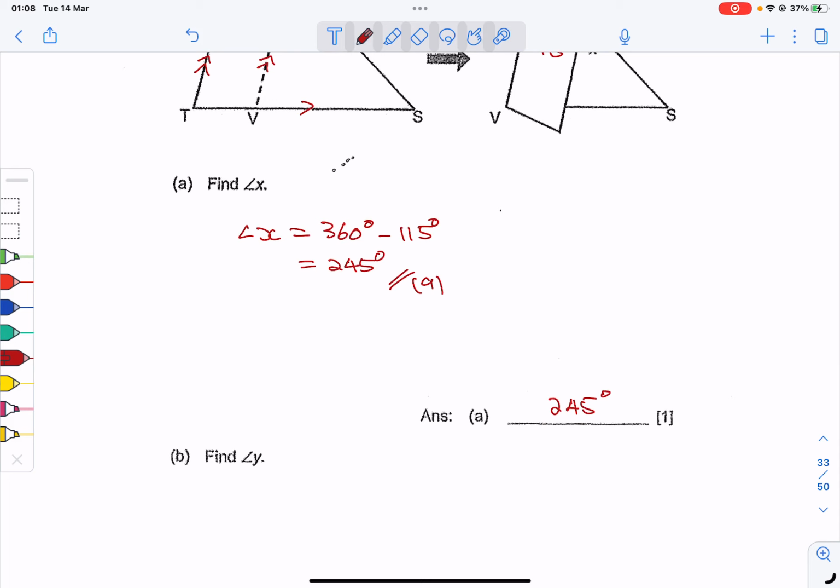So angle QUV is 180 degree minus 115 degree will be 65 degree.